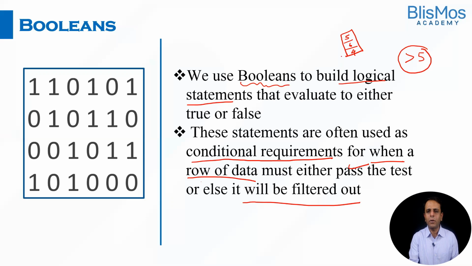We are filtering out 5 and 4 here, and only 6 would remain. That is how we build a logical statement. Whichever evaluates to true will be retained, and whichever evaluates to false will be filtered out.